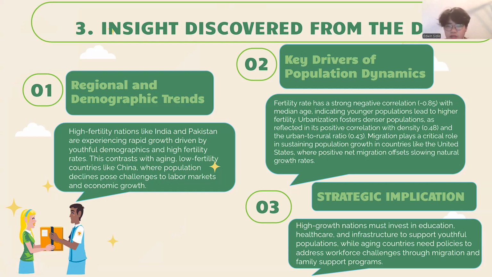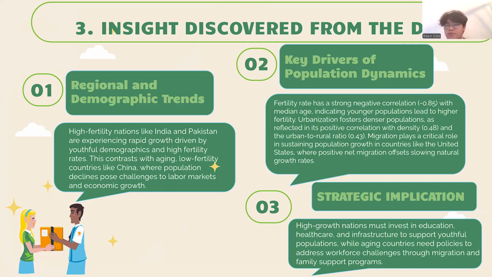Urbanization fosters denser populations as reflected in its positive correlation with density of 0.48, and the urban to rural ratio, which is 0.43. Migration plays a critical role in sustaining population growth in countries like the United States, where positive net migration offsets slowing natural growth rates.